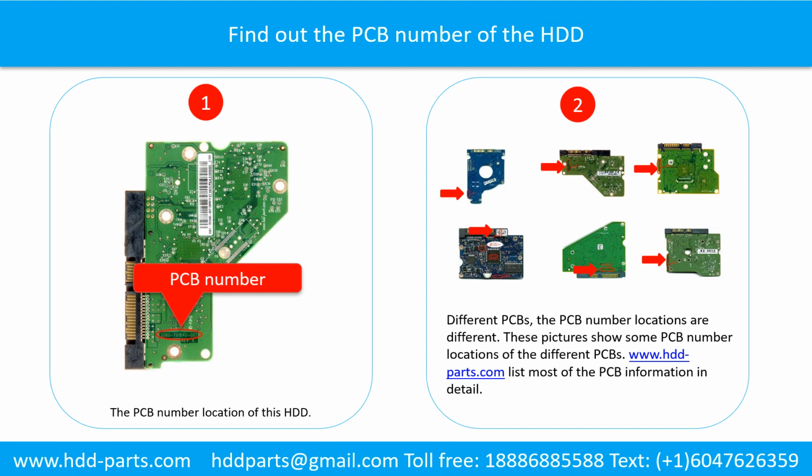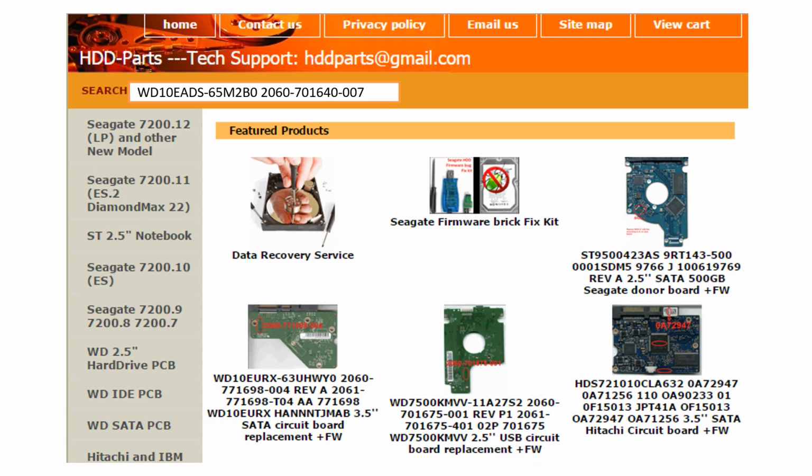If you want to find out your own PCB number, you may go to www.hdd-parts.com, which lists most of the PCB information in detail. We use the hard drive model number, PCB board number, PCB board sticker number and CPU number as reference to search for the donor PCB board.